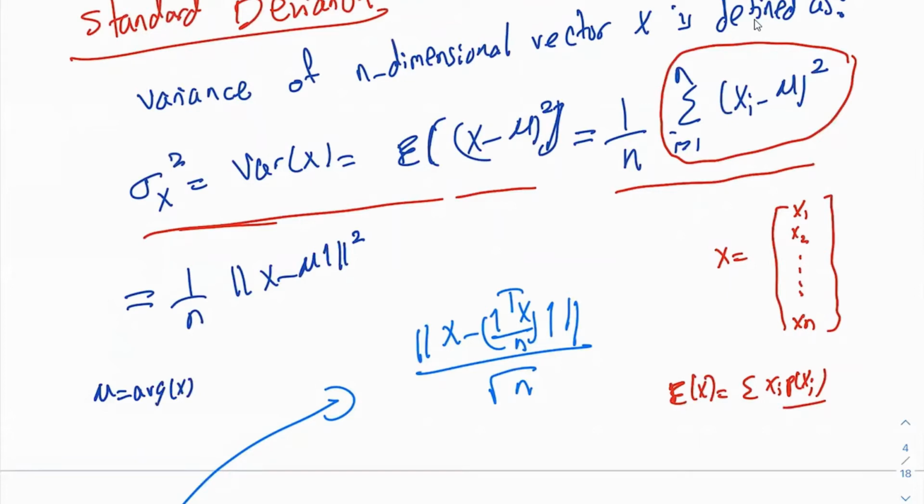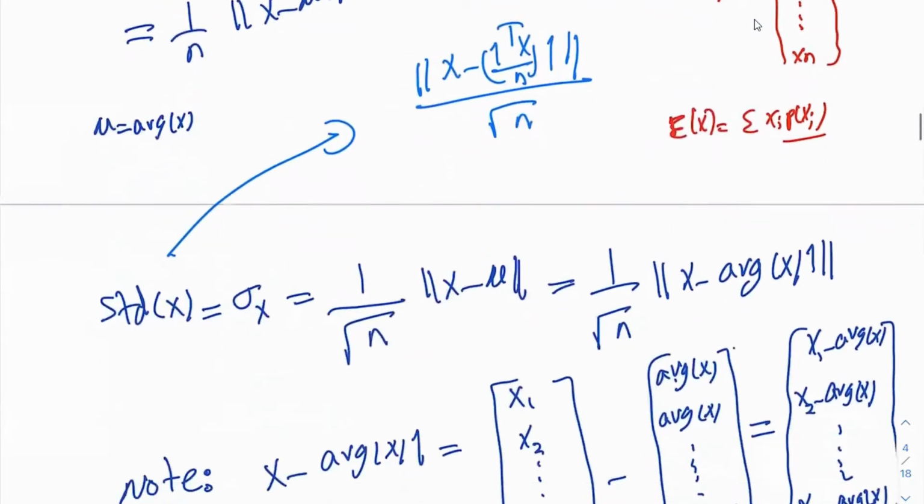Since x is a vector and mu is a number, we cannot subtract a number from a vector, so we convert that number to a vector as well. Good, this is the variance.